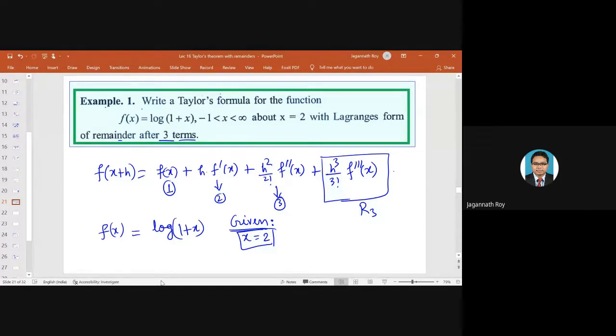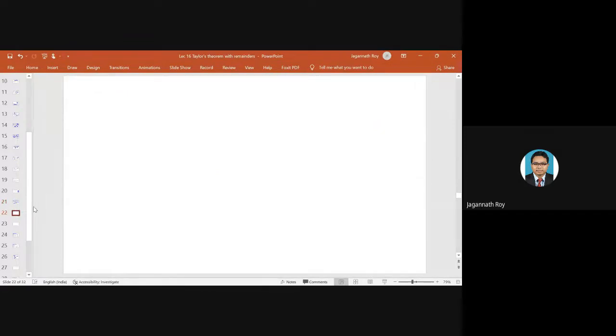Okay. So this is our given condition. So what we do, f of 2 equals log of 1 plus 2. So this becomes log of 3. We keep it as it is. Okay, next, what do we want to find? f of x is given as log of 1 plus x.